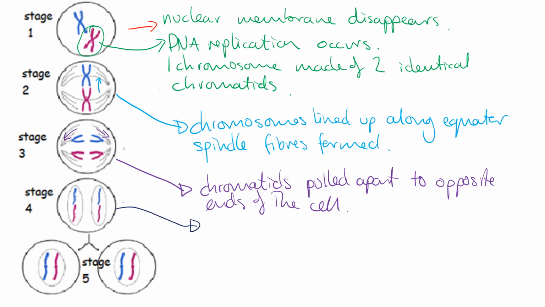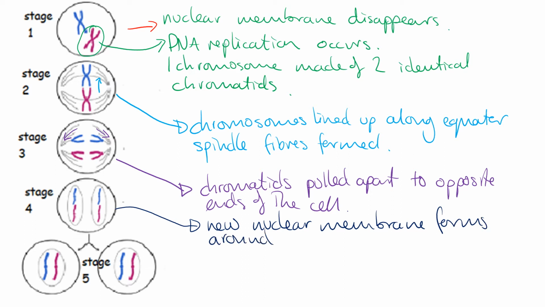So our stage 4, what's happened here? New nuclear membranes have formed around the chromosomes. And then what's happened here? Look, our cytoplasm is divided.